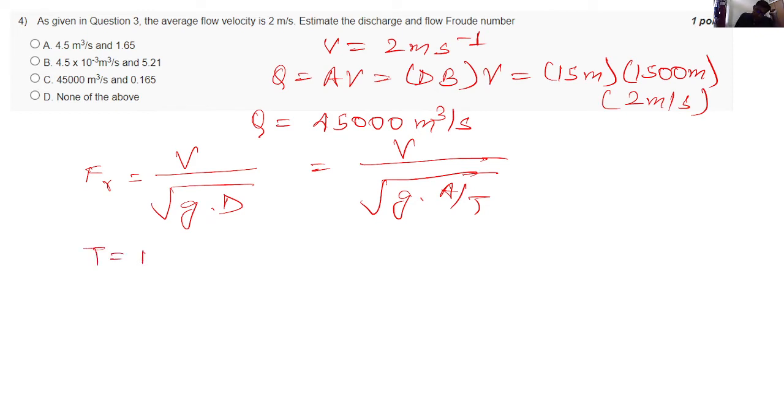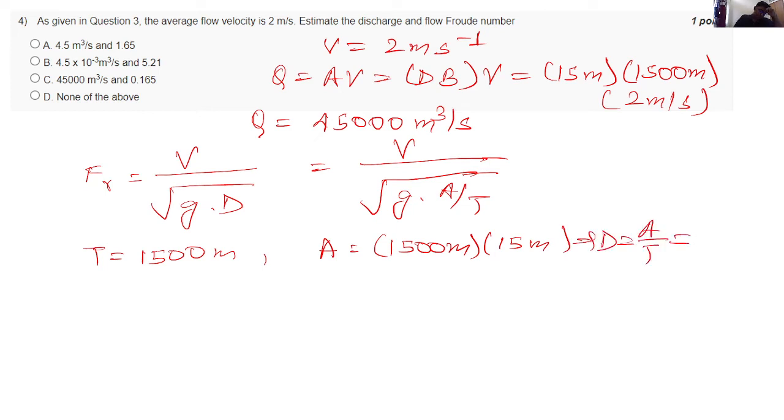T here is 1500 meters, the top width, which is equal to the bottom width because it's a rectangular channel. A here is 1500 meters times 15 meters. This implies D is equal to A by T equal to 1500 times 15 by 1500 equal to 15 meters.